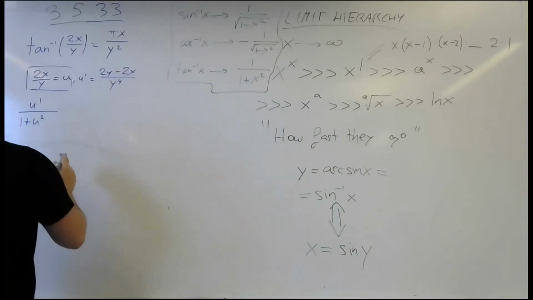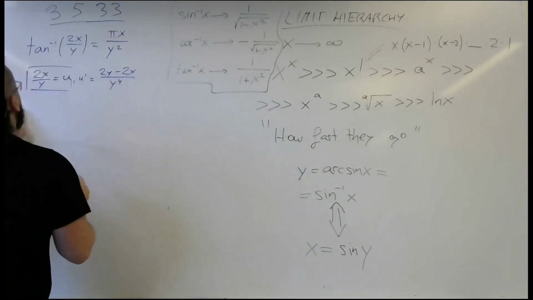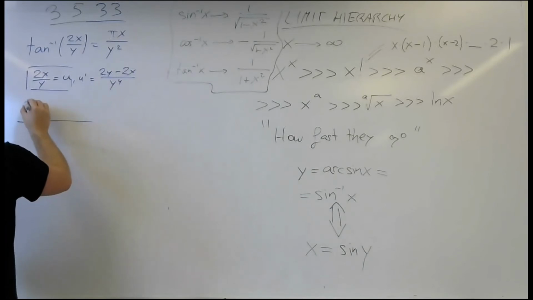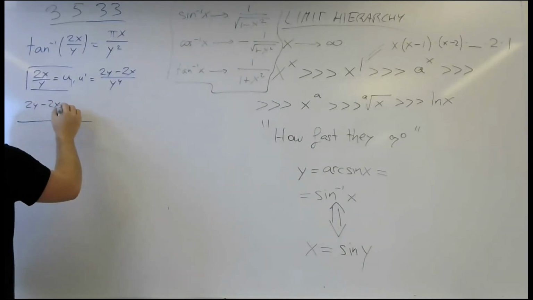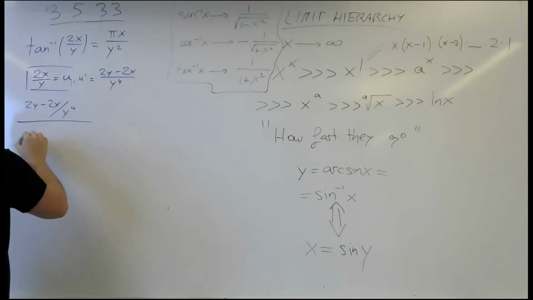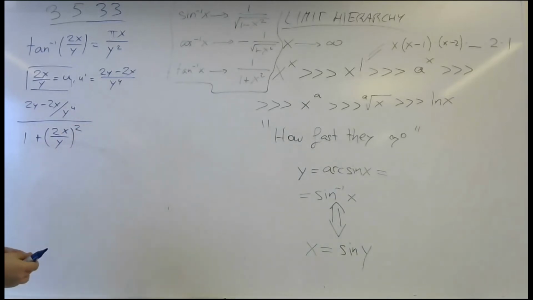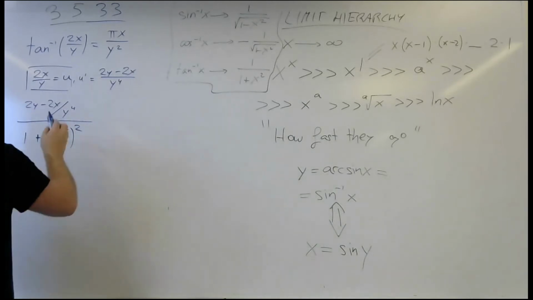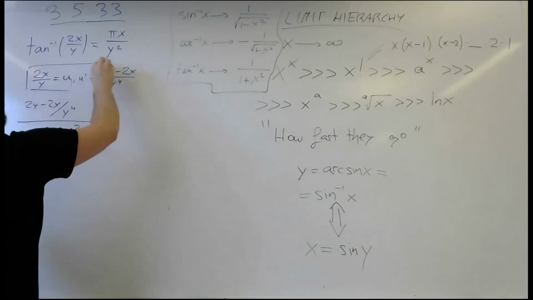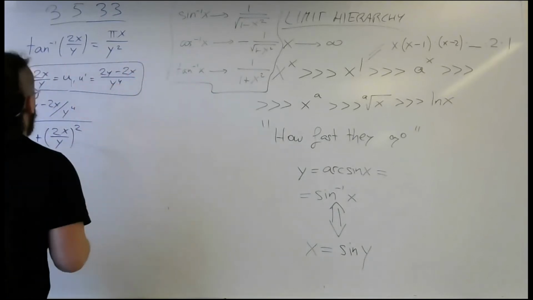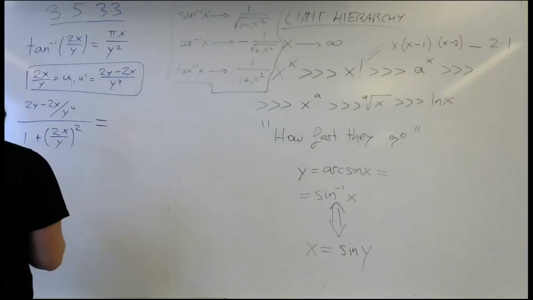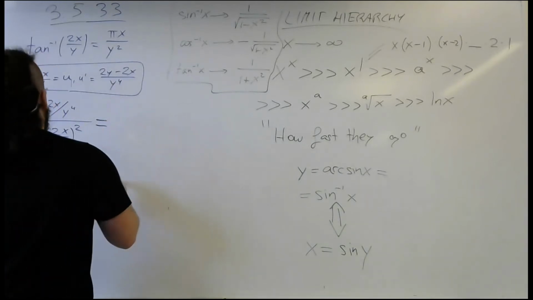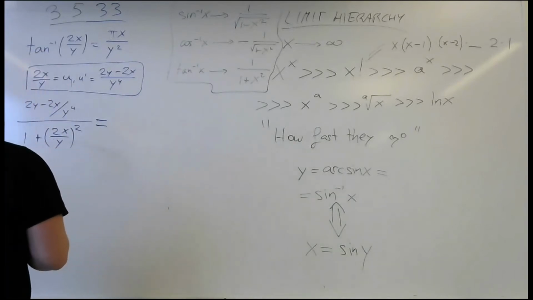And this is u prime. So our derivative here is 2y minus 2x y prime over y in power 4 divided by 1 plus 2x divided by y squared. Now, for the other side, did I do this correctly?